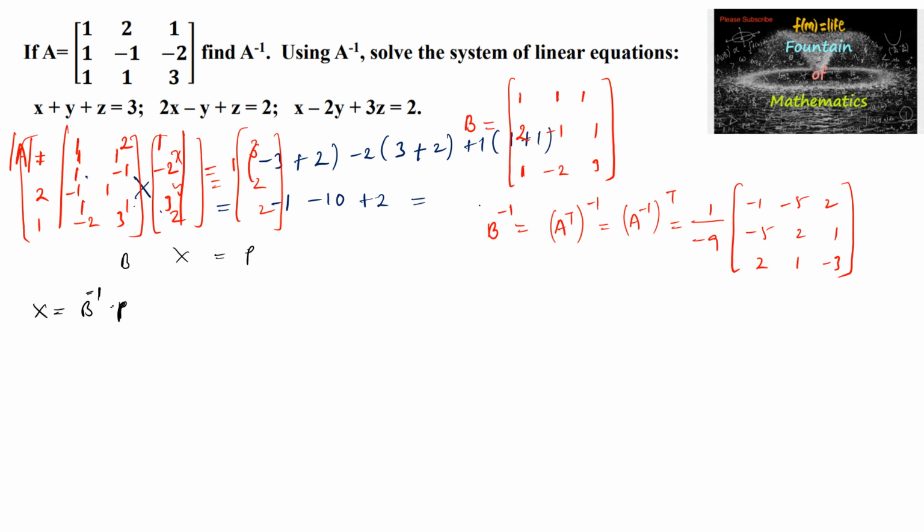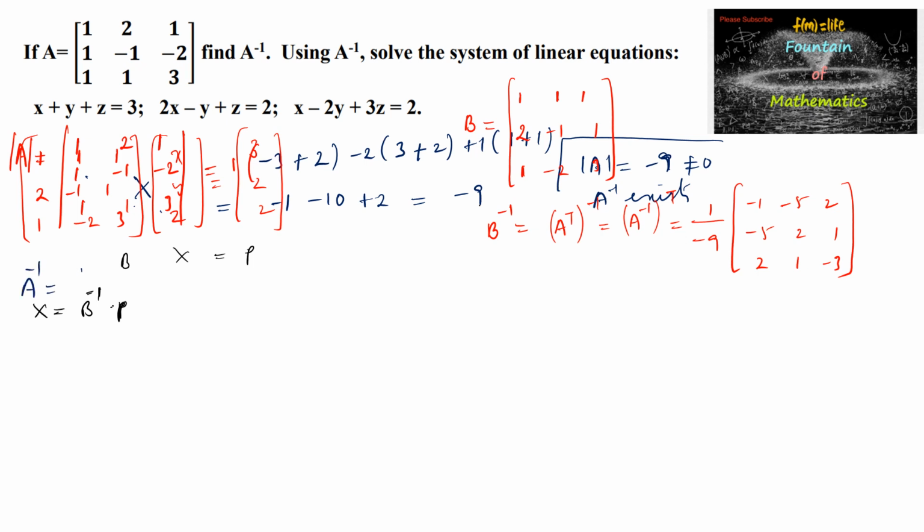So we have 2 minus 10 minus 1, which is minus 9. Here we can say det A is equal to -9, which is not equal to 0, and hence A inverse exists.